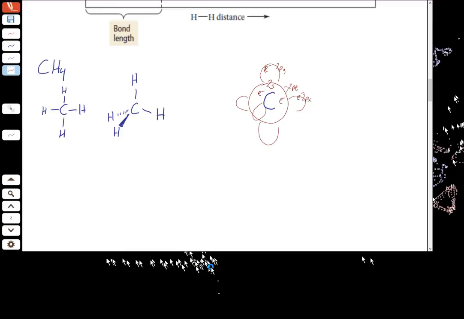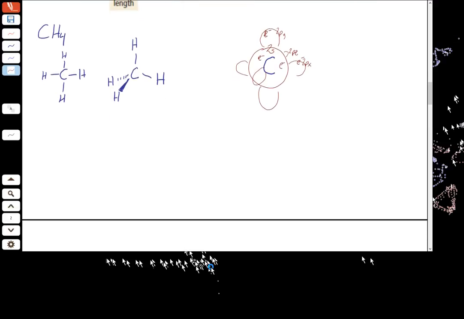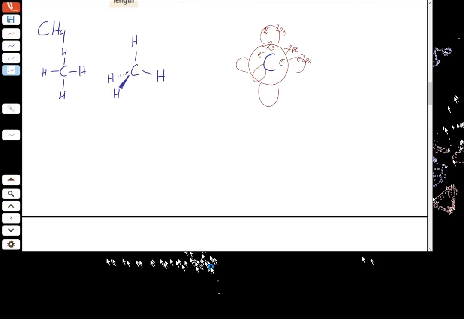So the valence bond theory has to be revised a little bit to account for that observed reality, as they say. And the way that this has been described is with the concept called hybrid orbitals.